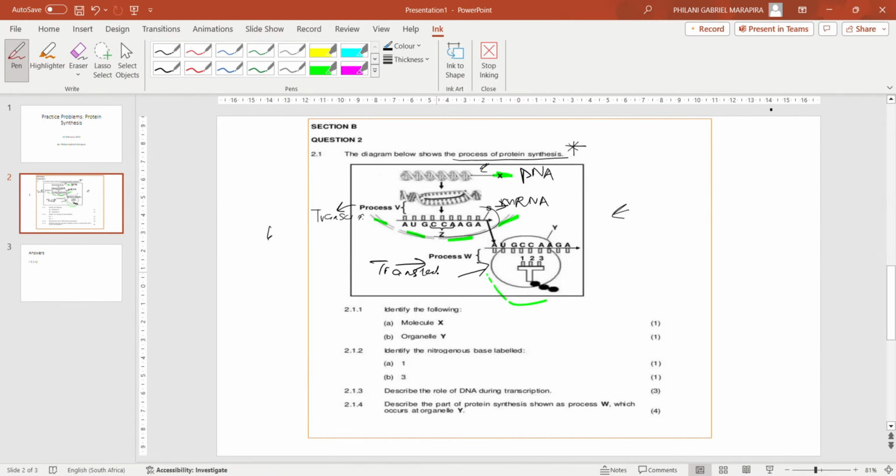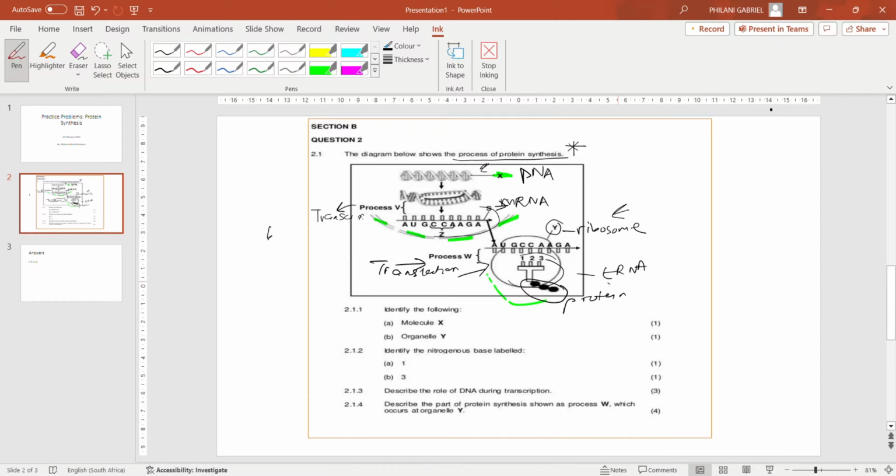And then we can also analyze that this is the ribosome, whereby translation takes place. We can also see that this shape is actually a tRNA molecule because it is approaching the ribosome with these anticodons. And then you can see that here there are amino acids which are bonded together to form a required protein. So now let us answer the questions because we've analyzed the diagram.